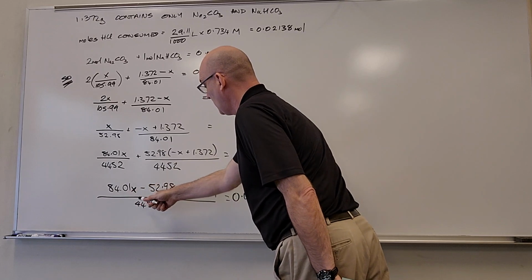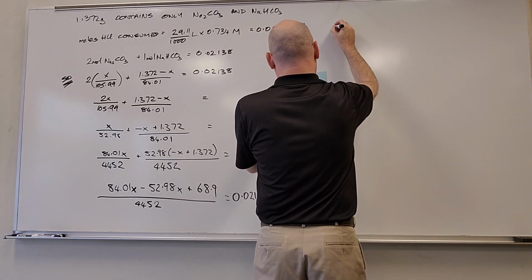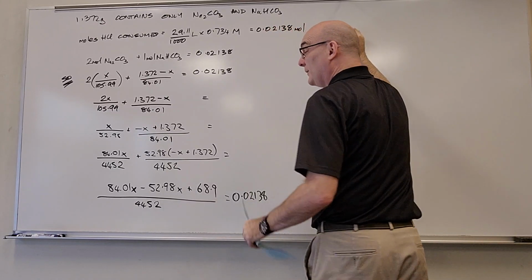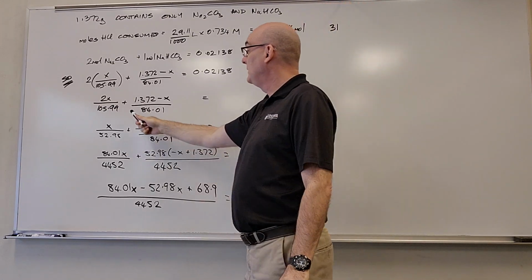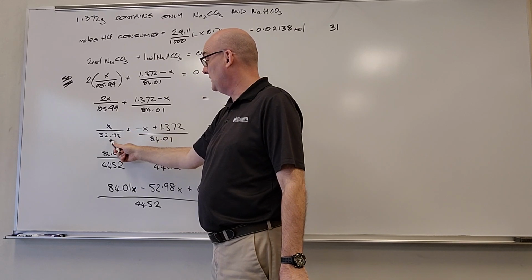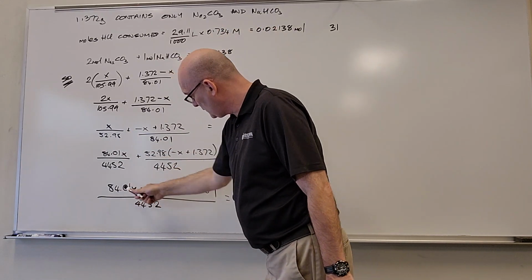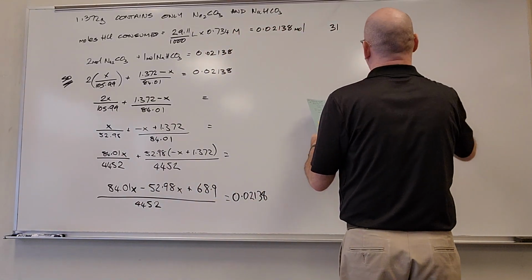I have 84x minus 53x. That is 31x. I don't have the decimals in my own notes. I just simplified, but that is 2x over 106 is x over 53. So if you want to know what the real number is, you're going to have to tell me. That's 31.01.